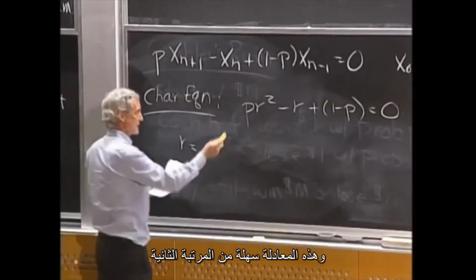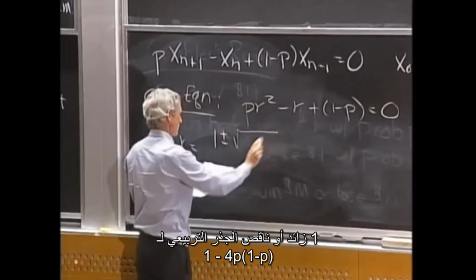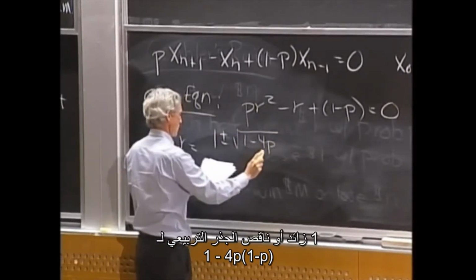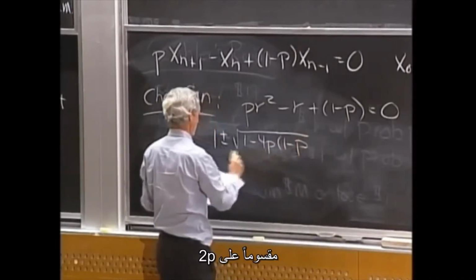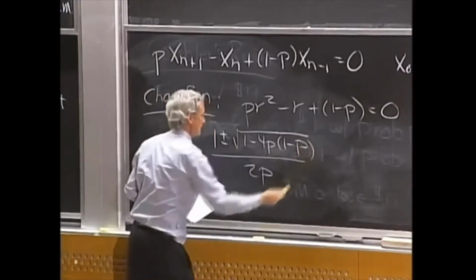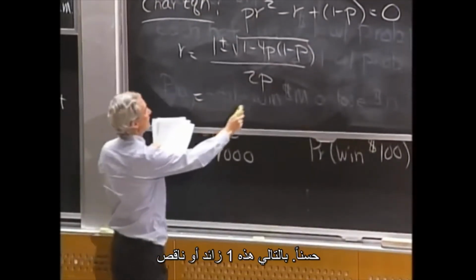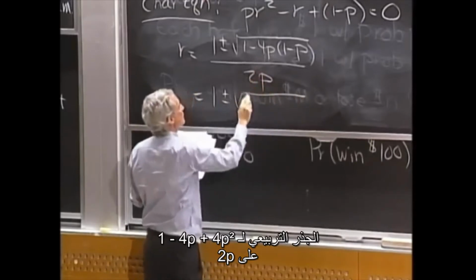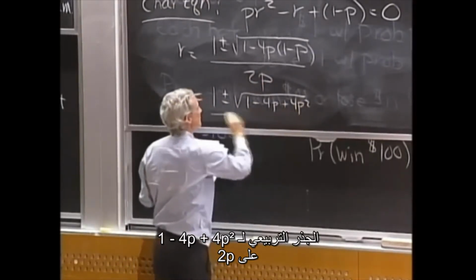All right, now I solve it. And that's easy for a second order equation. r equals 1 plus or minus the square root of 1 minus 4p(1 minus p), over 2p. All right, let's do that. Okay, so this is 1 plus or minus the square root of 1 minus 4p plus 4p squared, over 2p.